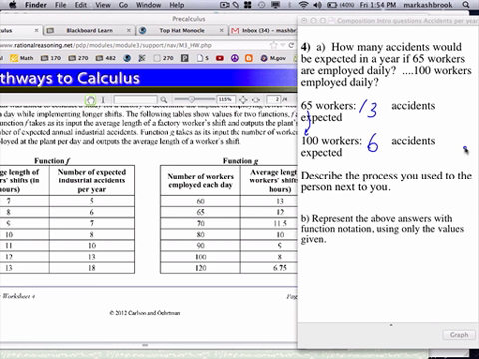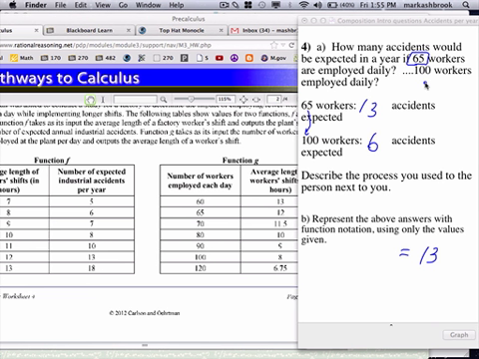Okay? So, how can we express that number 13 in function notation only using the number 65? So, I'm going to pose her question back to you. See if you can do it. Only using the number 65, express in function notation how you would get this 13 accidents.